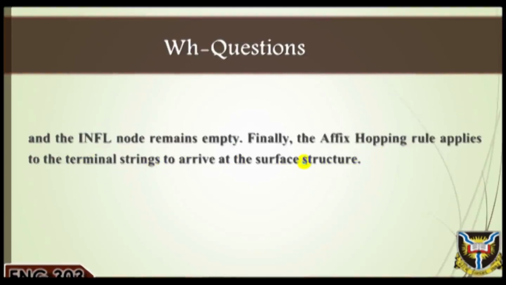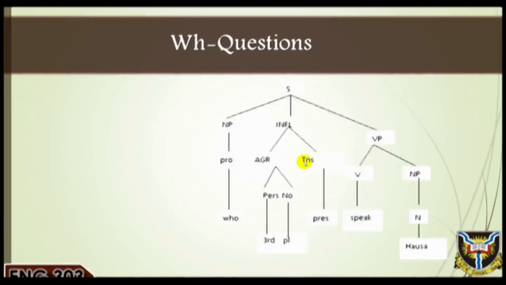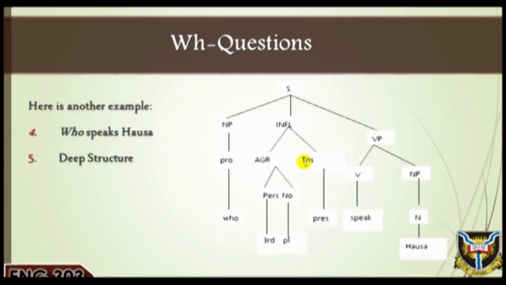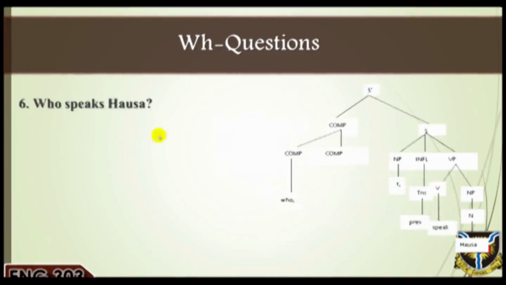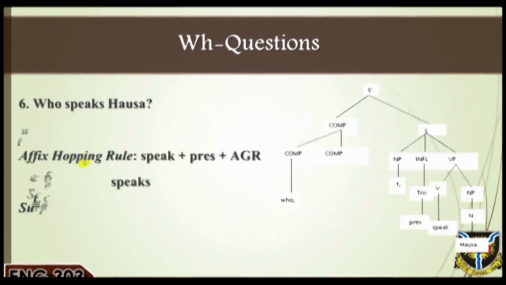Here is another example. Who speaks Hausa? Deep structure: who speaks Hausa? Surface structure: who speaks Hausa? The deep structure and surface structure appear to be the same when we write them.